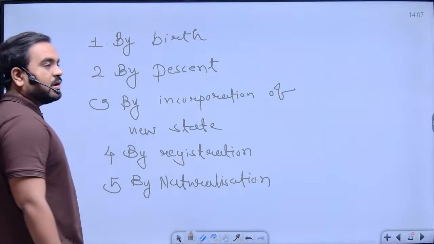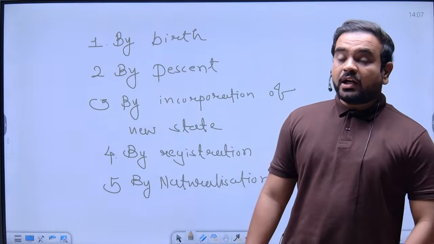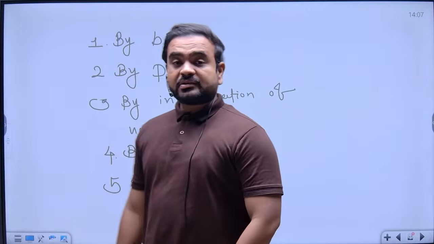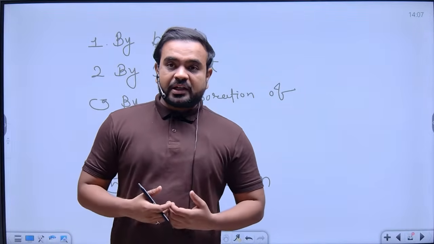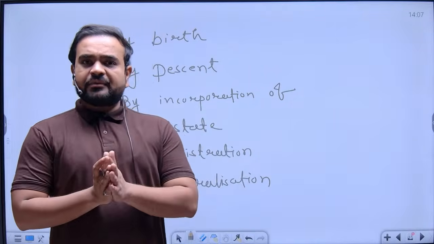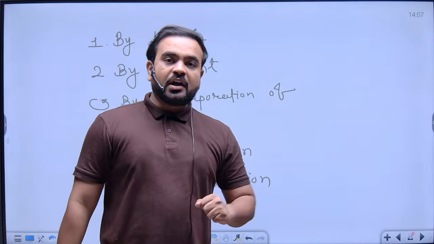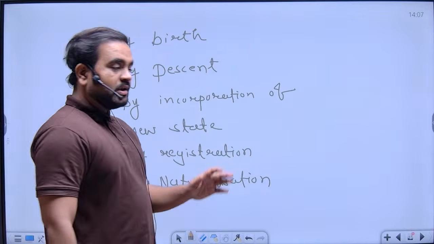I think you have heard the name Adnan Sami. Adnan Sami was a Pakistani singer, but later he came to India. He resides in India, and there is some criteria that you have to fulfill, which we already discussed in our lecture. After fulfilling that criteria, Adnan Sami became an Indian citizen.